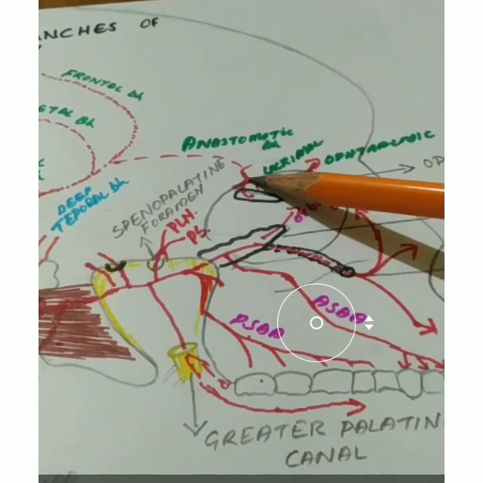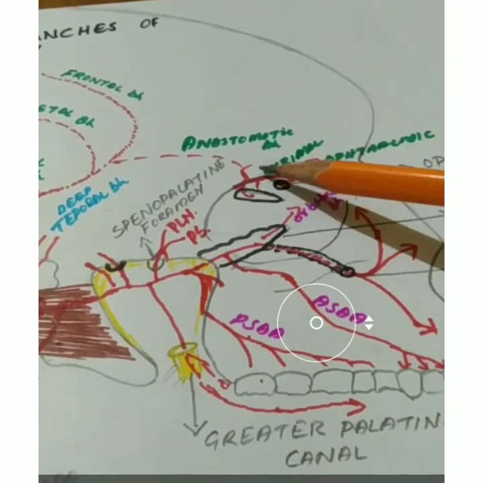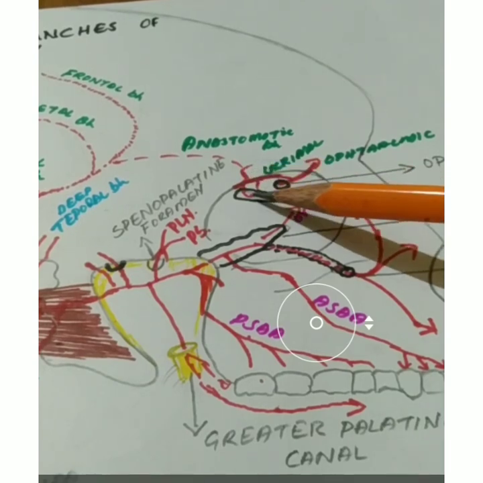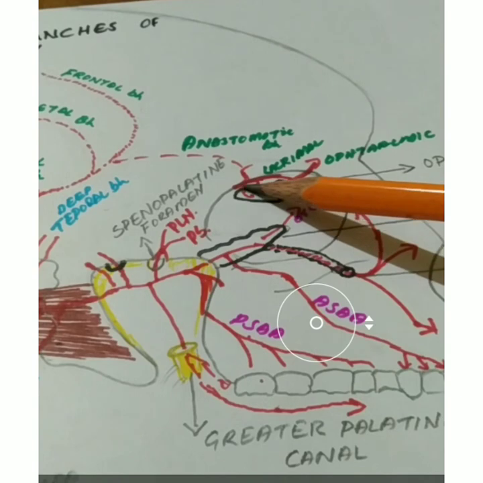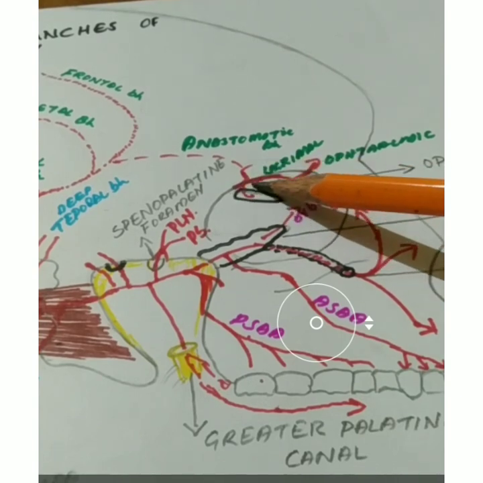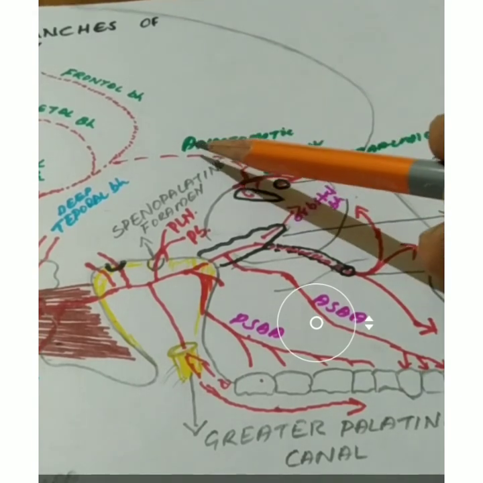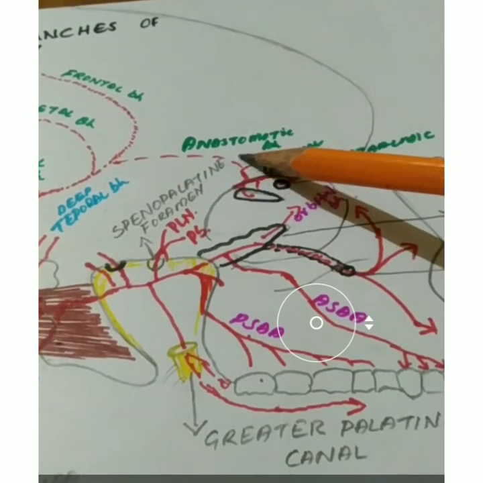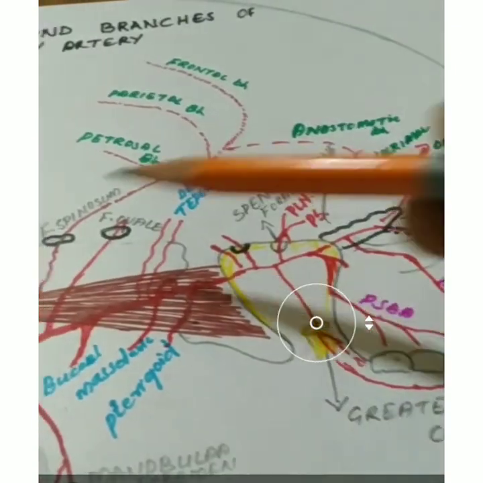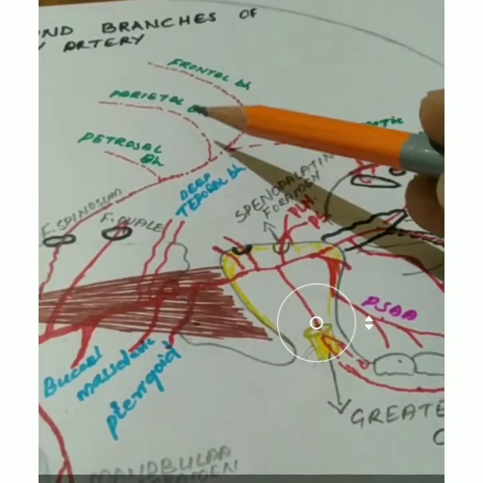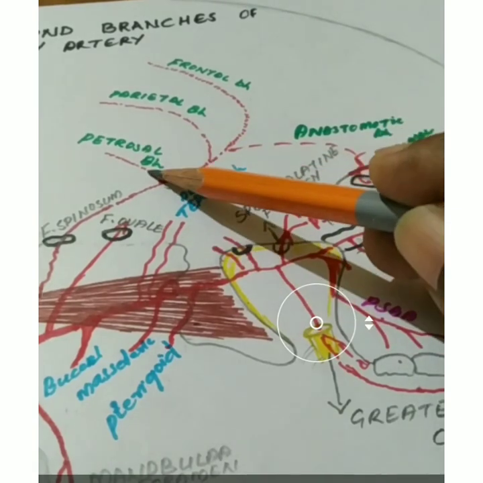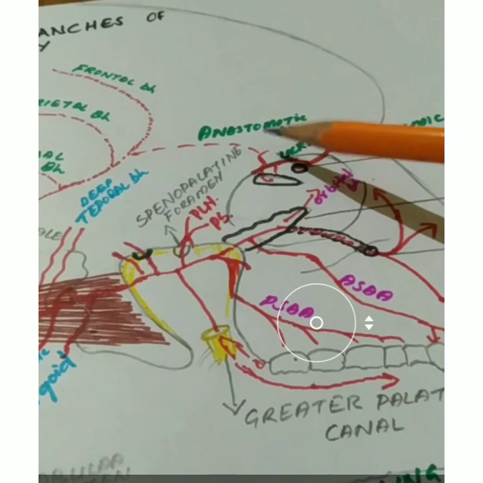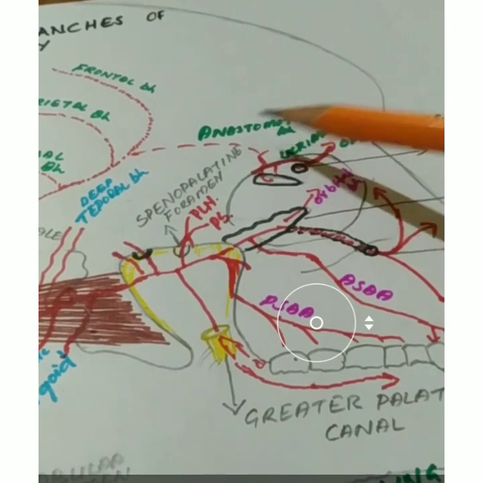From the lacrimal artery, a recurrent branch passes through the superior orbital fissure and anastomoses with the anastomotic branch of the middle meningeal artery. So from the middle meningeal artery, we get the frontal branch, parietal branch, petrosal branch, and anastomosing branch, which anastomoses with the recurrent branch of the lacrimal artery.